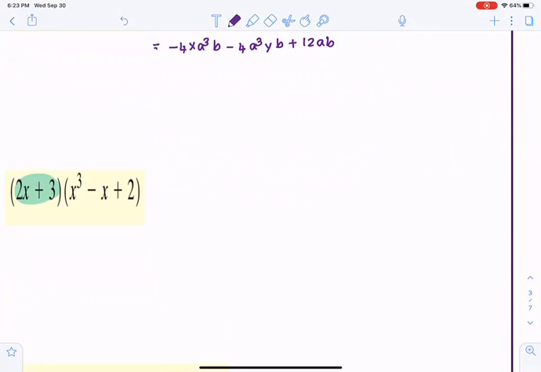So we take the first term and multiply it to the entire x cubed minus x plus 2. So we would have 2x multiplied by x cubed minus x plus 2. Then we take the 3 and we multiply by x cubed minus x plus 2.